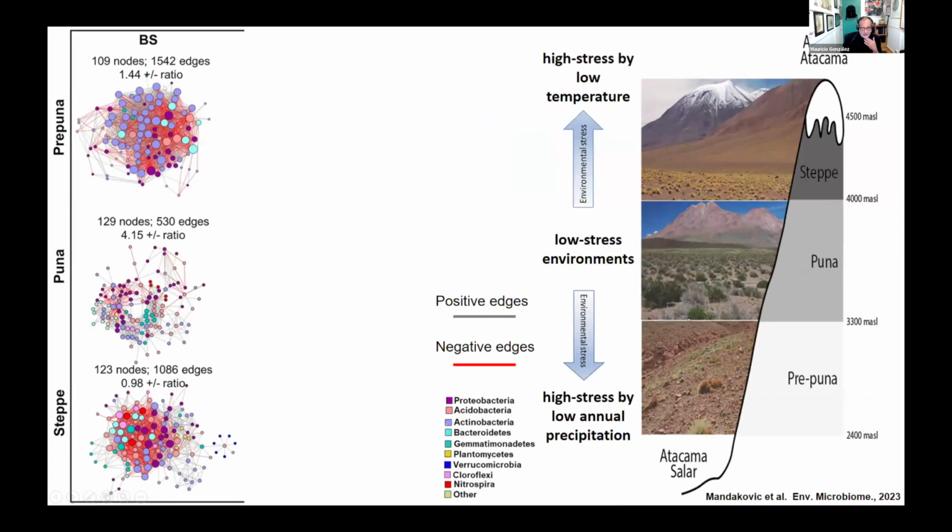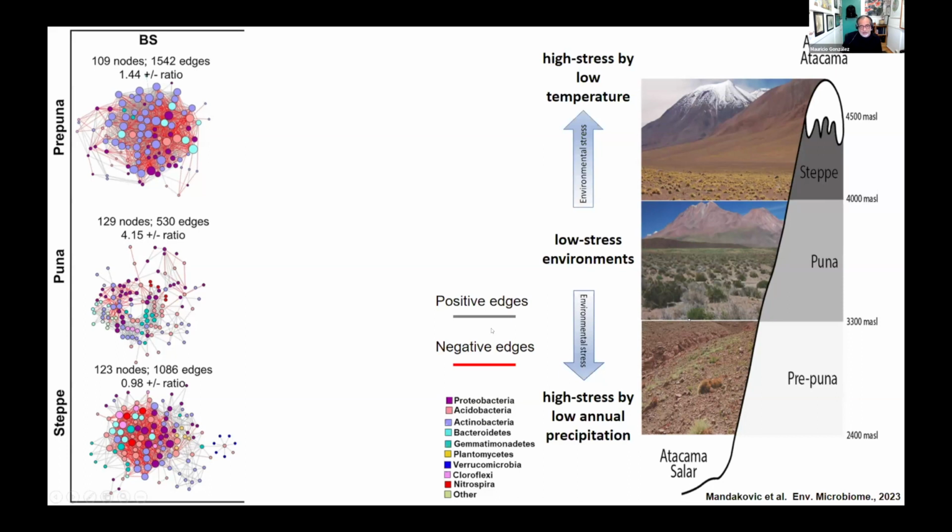Well, this figure shows the co-occurrence network representing bulk soil from pre-puna, puna, and steppe. In this analysis, the nodes of the network represent OTUs annotated at the phylum level, and the different colors of nodes represent different phyla that are included here.